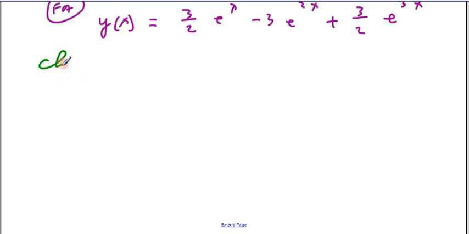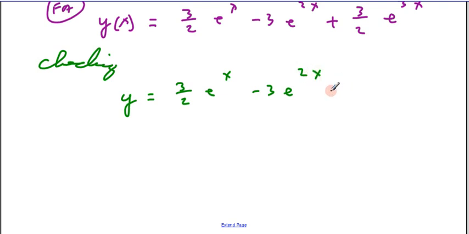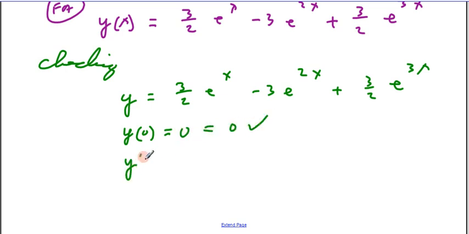So checking, y is equal to 3 over 2 minus 3 plus 3 over 2. We should check the initial conditions also. So y at 0 is supposed to be 0. It is 0, check.